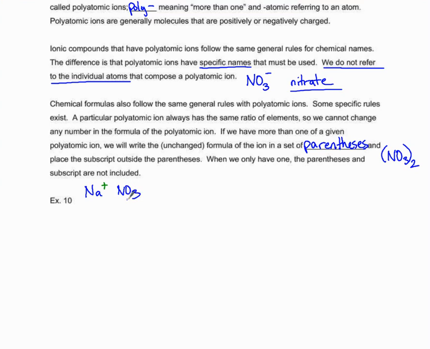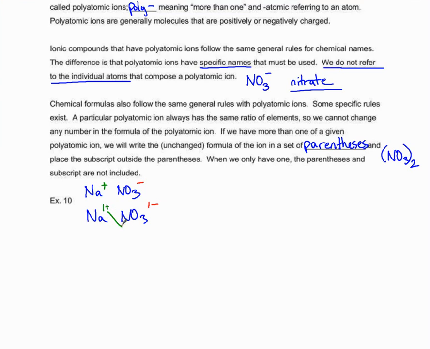So here's the NO3, here's the -1. So same idea with the switching of the charges. So we've got this sodium and this nitrate. This one has a 1 plus, this one is a 1 minus, and we just swap them.